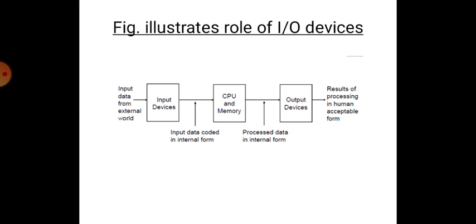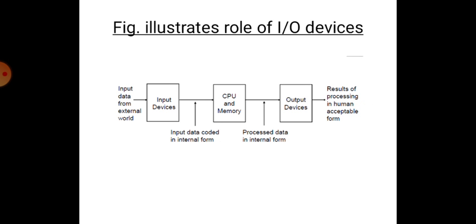Towards the extreme left, you can find input data from the external world, and towards the extreme right you can find results of processing in human acceptable form. These three boxes, that is input devices, CPU and memory, and output devices, are connected by marked arrows. These arrows tell you the flow of data and information.